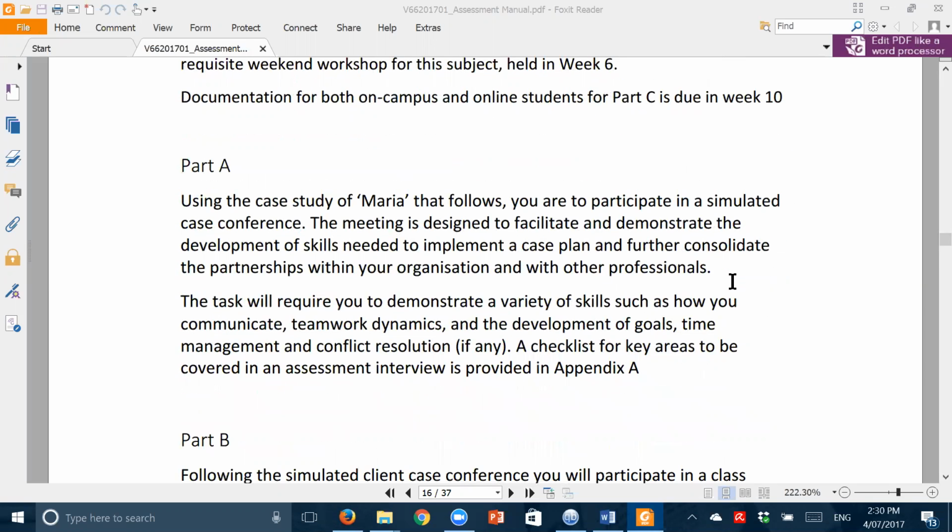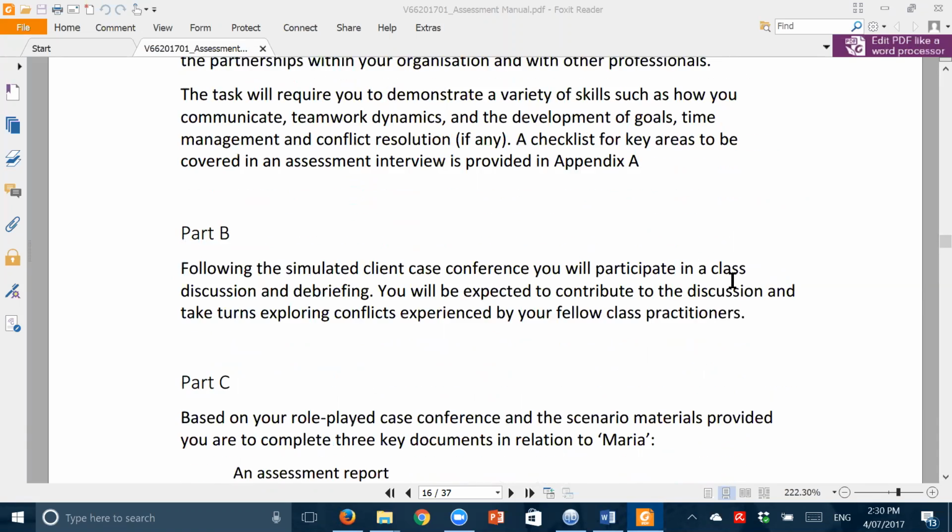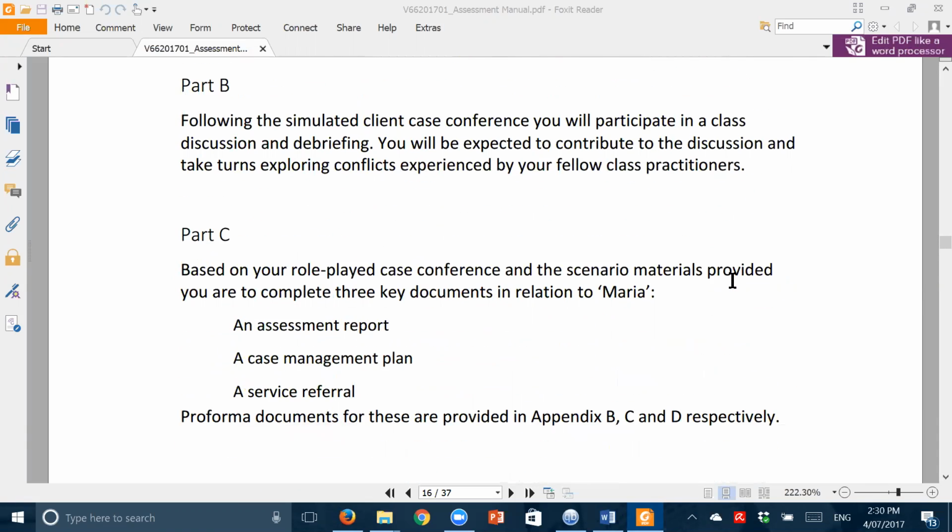Okay, so let's have a read through of our case conference. By the way, the part C documentation is an assessment report, which is not very long, and a case management plan, which needs to pick up on some of the issues that we're identifying with the client Maria, and a service referral document where you identify a local regional service in your area.